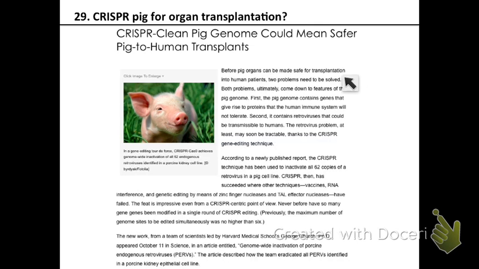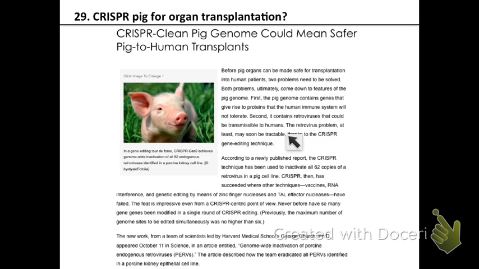So some of you may know that some pig organs are very compatible with humans, but one of the problems in using pig organs for tissue transplants or anything like that is that the pigs have a lot of retroviruses that are still active. So they can jump from one place to another.